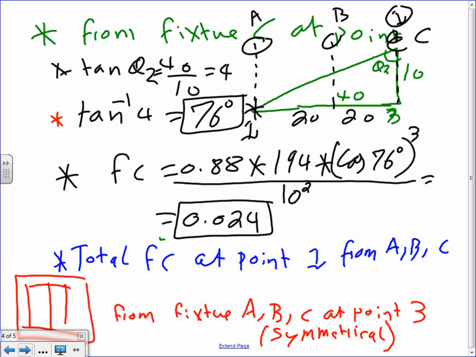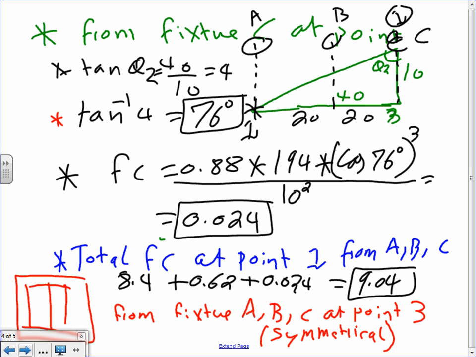Now the total for the three fixtures together, add them up, total from A, B, and C at point 1: 8.4 plus 0.62 plus 0.024 equals 9.04.